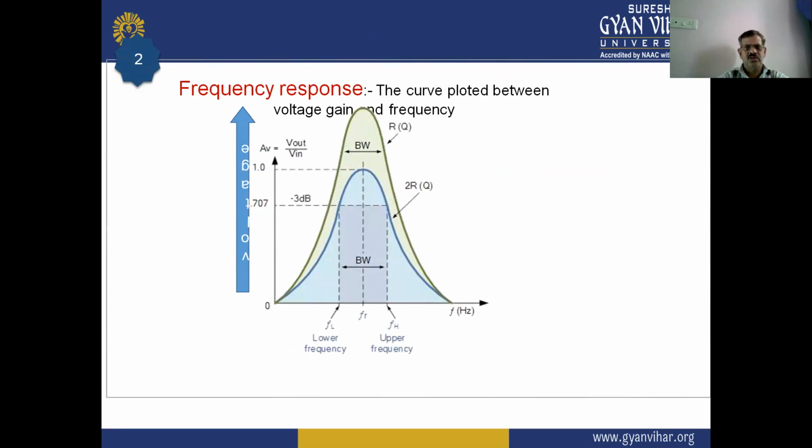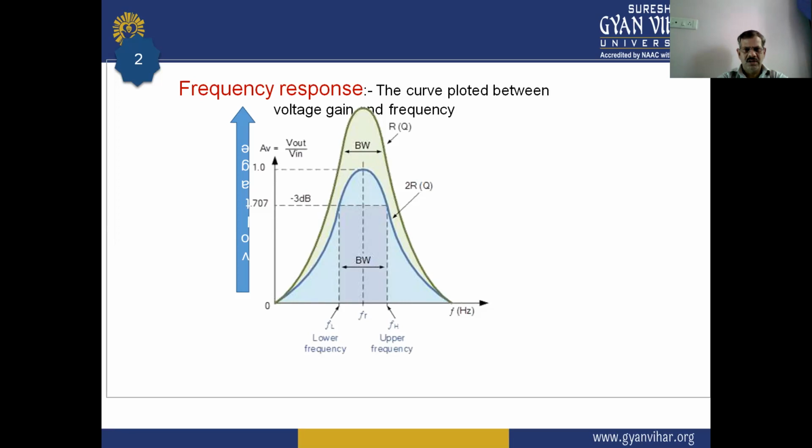This figure shows the frequency response of the cascade amplifier. This is the graph between voltage gain versus different frequencies. We find the bandwidth with the help of this frequency response of a cascade amplifier. Bandwidth is the difference of two frequencies.